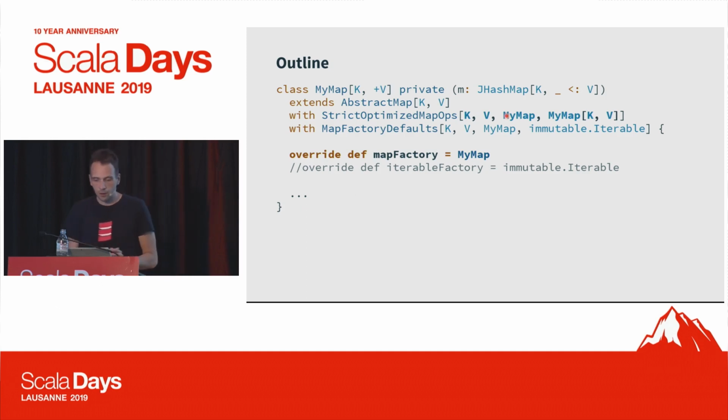This was a bit tricky in the old collections because they didn't have any factory abstractions in this way for collections that are not of iterable kind. Now we have them. So we do not override iterableFactory. In fact, we inherit this one. The one I commented out is the one we inherit. IterableFactory is just immutable Iterable because we do not change the iterable CC type here. We only change the map CC type, so we override mapFactory.